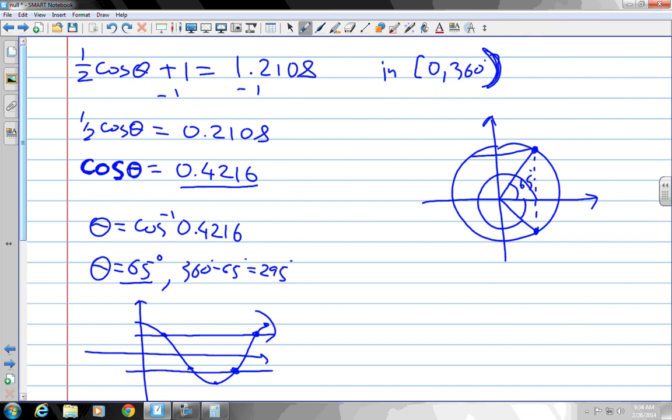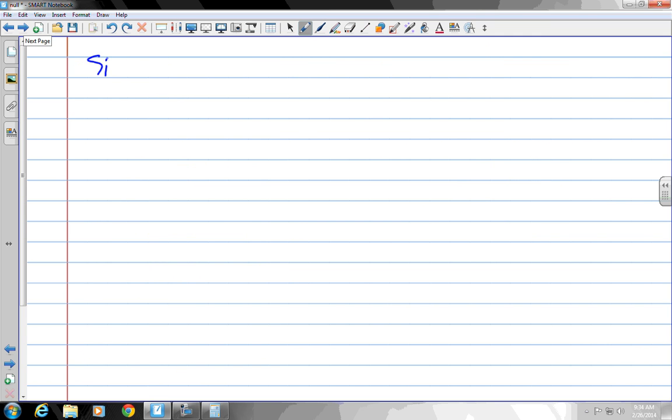Well, let's try this one. Sine x plus 3 equals 2.0816. So what do you want to do first? Subtract 3. You want to isolate your trig function.